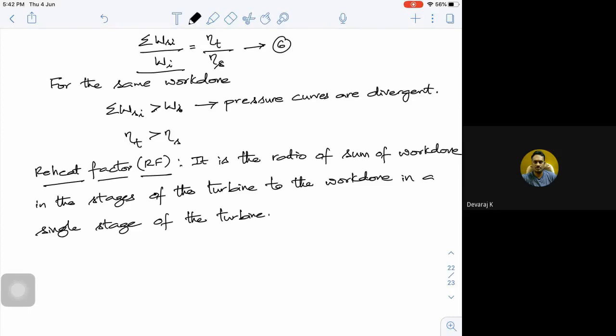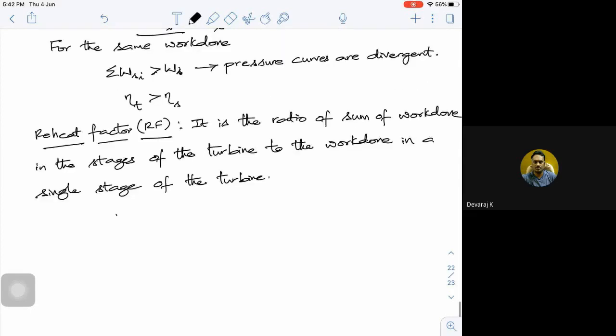Okay, so that's why the RF is equal to the sum of stage work divided by this. This is always greater than 1. Now, when I speak of this number greater than 1, it has some relationship with respect to the quality of the steam I am going to admit.